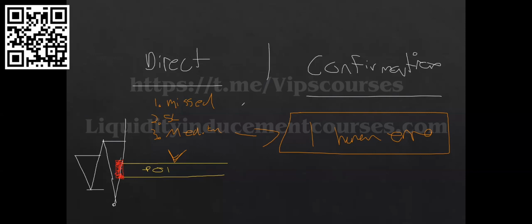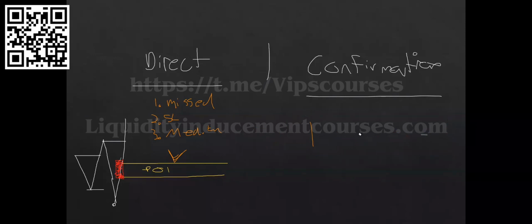So we make errors. Let's say that you saw this POI and you entered direct, and then it took you out. But then I entered right here because I saw this. So I took a win and you took an L. Does it mean the strategy doesn't work?